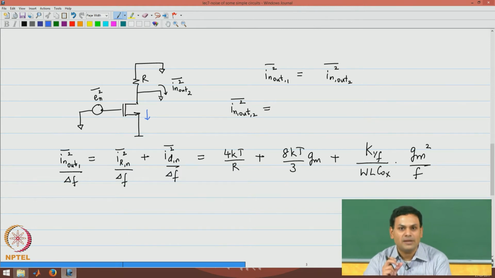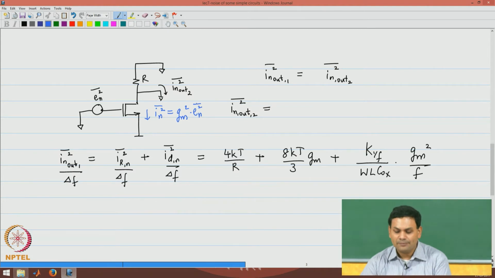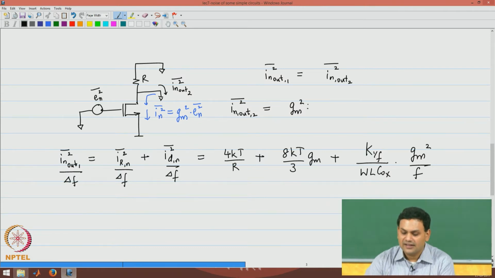Since we are dealing with mean squared quantities, this noise current mean squared value will be Gm squared times En squared, and because of the short circuit, all of this current will flow through the output short circuit. So, therefore, this noise current in the second case is nothing but Gm squared times En squared.